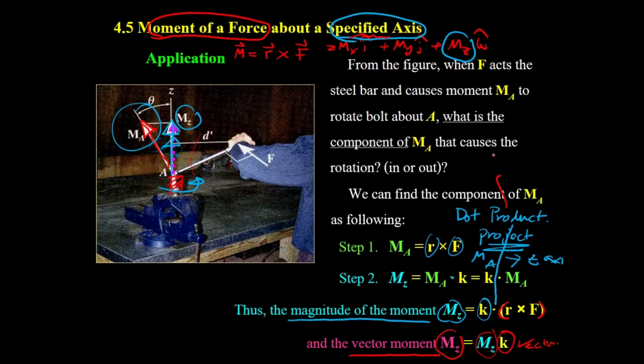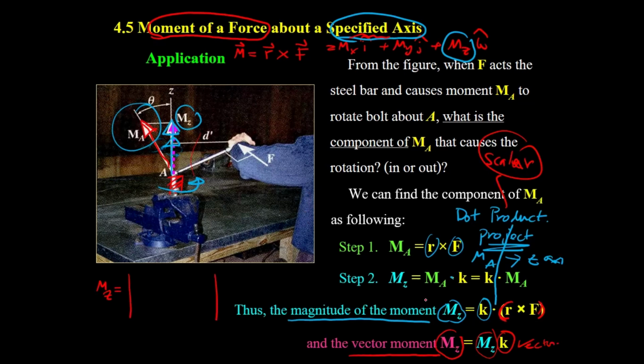If not, you will get only the magnitude, because the dot product produces only a scalar. Again, how can we compute it?